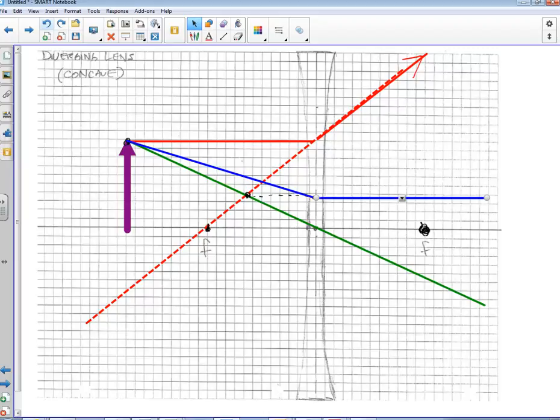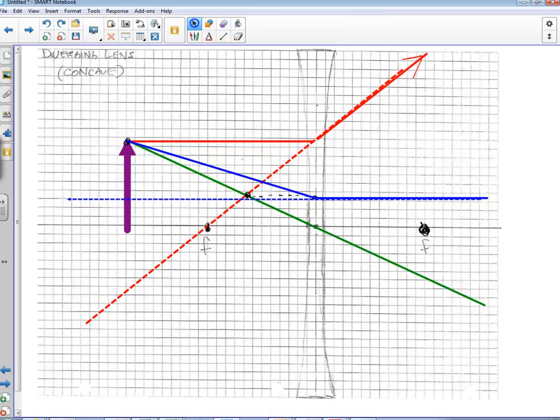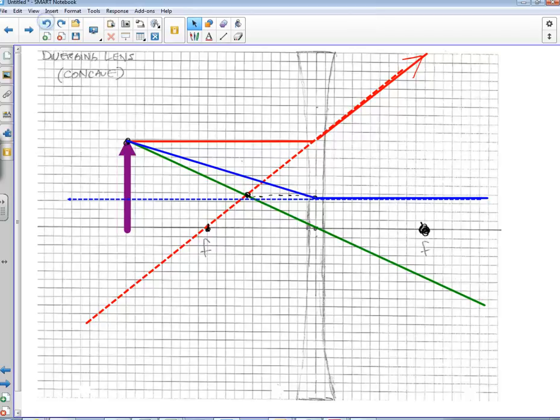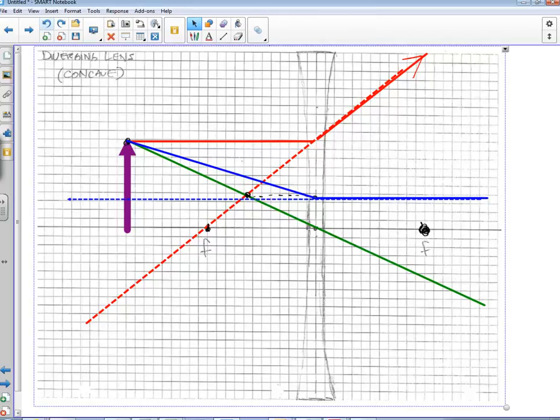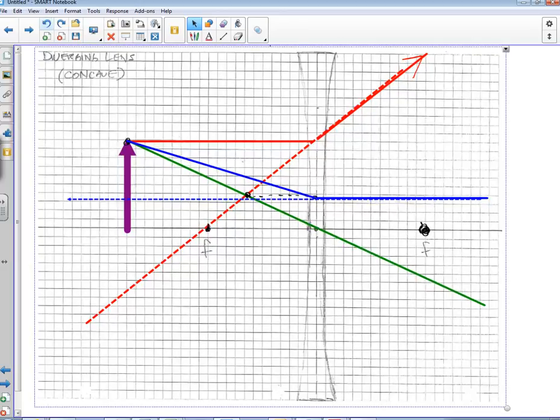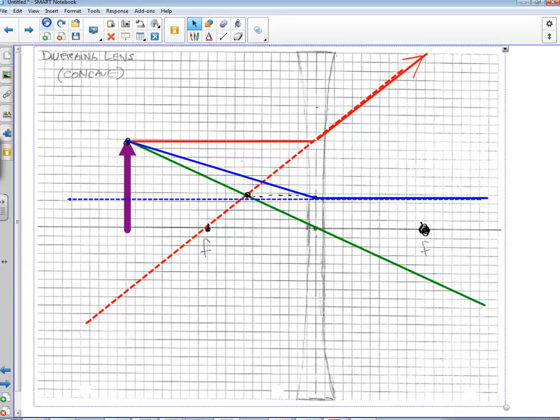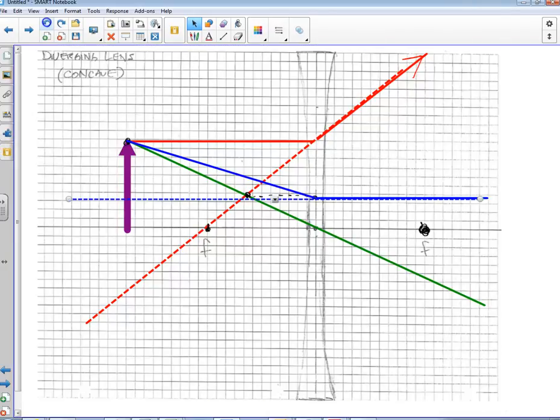And if we trace that back, within reason, there. Not bad.